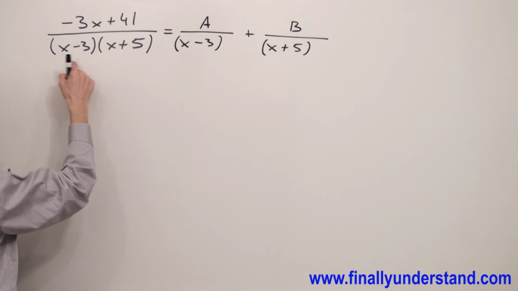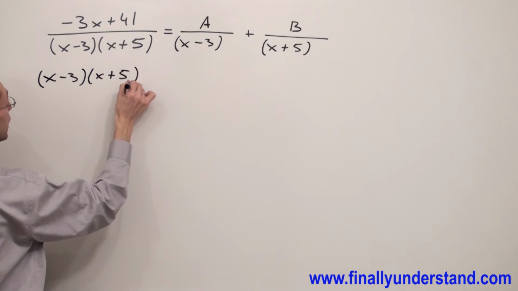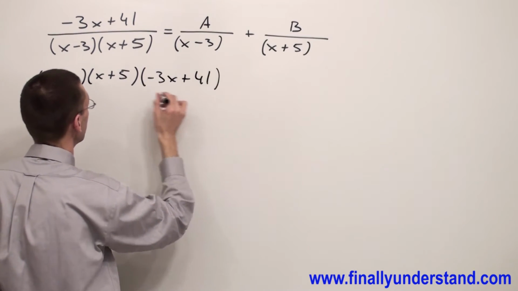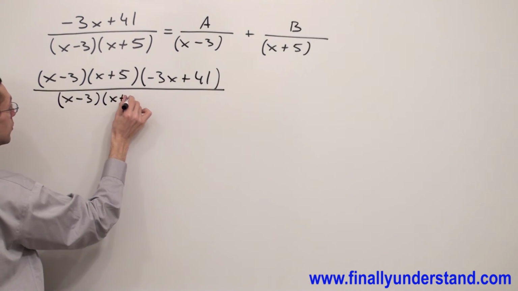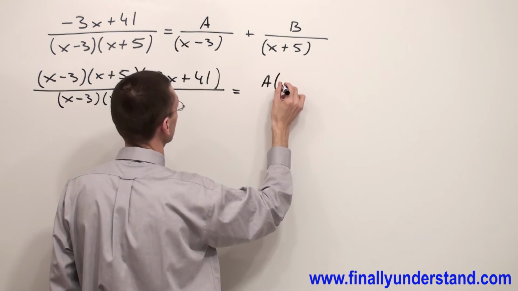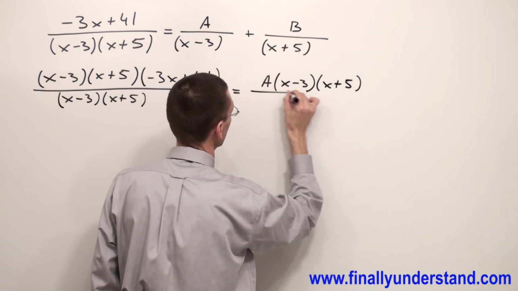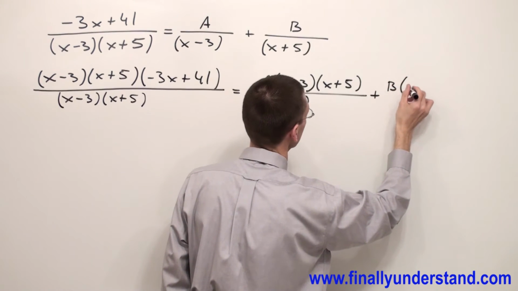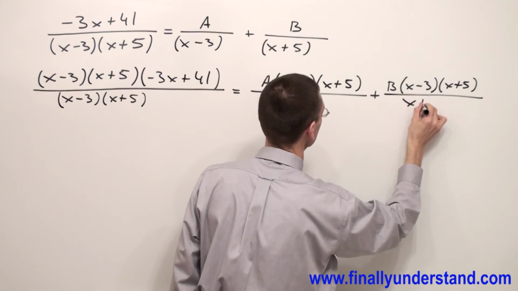The common denominator for all these fractions is x minus 3 times x plus 5, and I have to multiply by negative 3x plus 41 over x minus 3 times x plus 5 equals a times x minus 3 times x plus 5 over x minus 3, plus b times x minus 3 times x plus 5 over x plus 5.